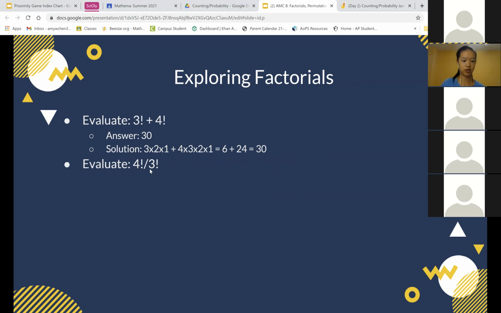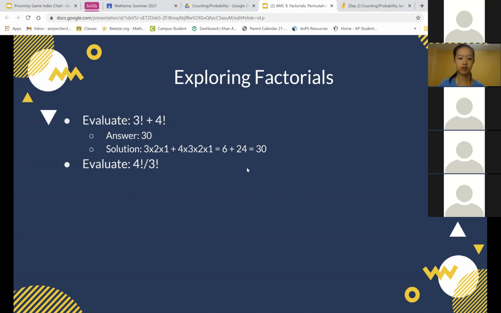Evaluate this expression, 4 factorial divided by 3 factorial. Yeah, good job. The answer is 4. This is pretty straightforward because 4 factorial is 24, 3 factorial is 6, 24 divided by 6 is just 4.